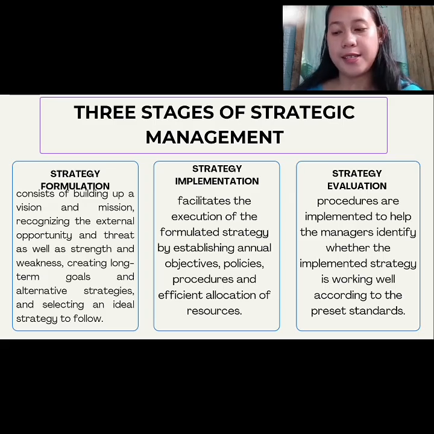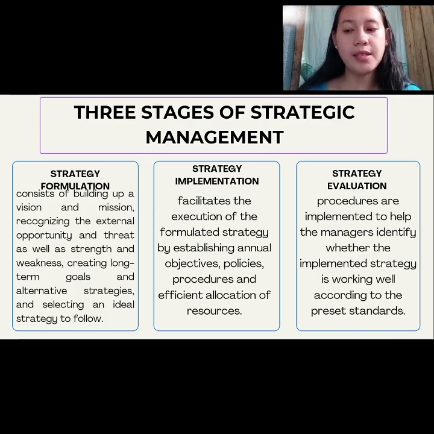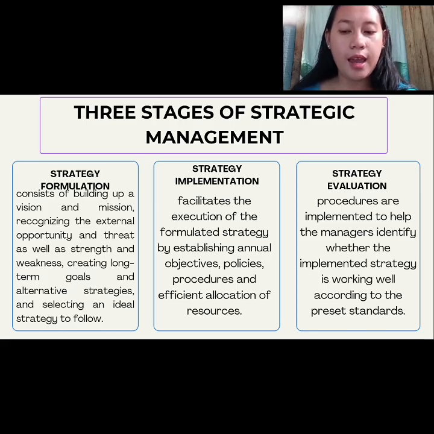So this process helps organizations develop a roadmap for success, leveraging strengths, mitigating weaknesses, and capitalizing on opportunities. So, the next is strategy implementation. Strategy implementation facilitates the execution of the formulated strategy by establishing annual objectives, policies, procedures, and efficient allocation of resources.